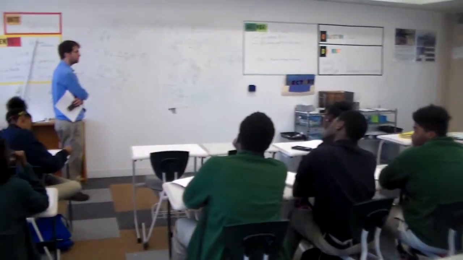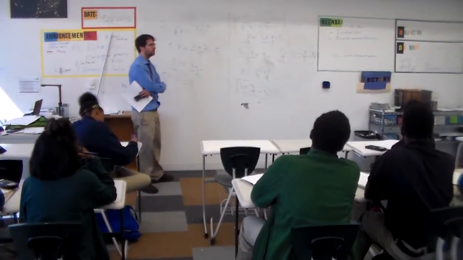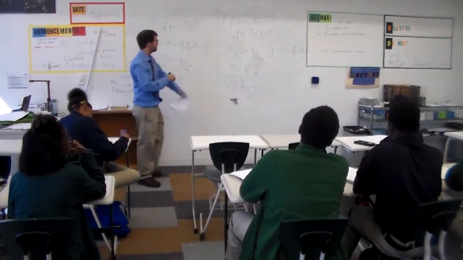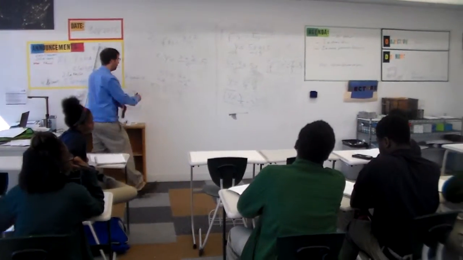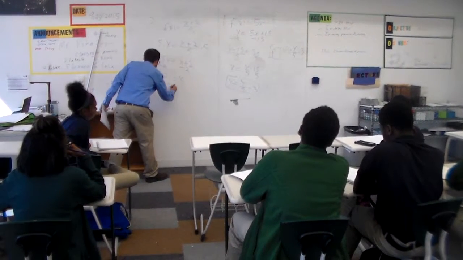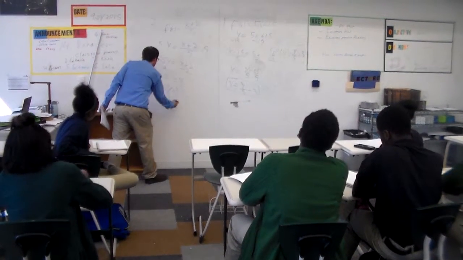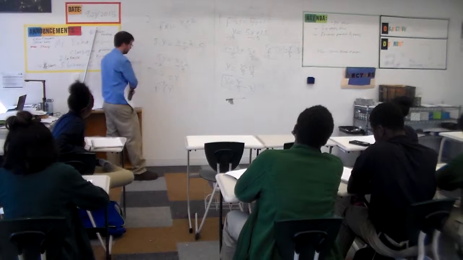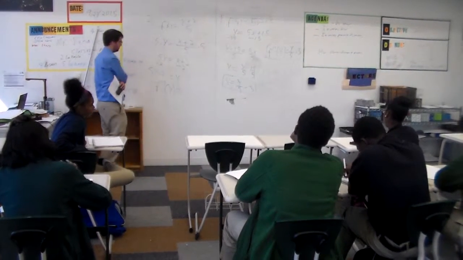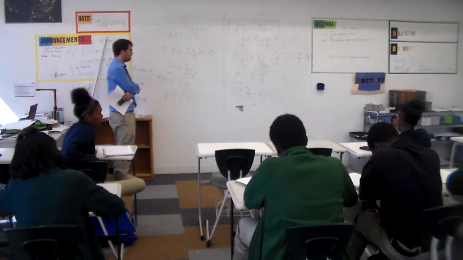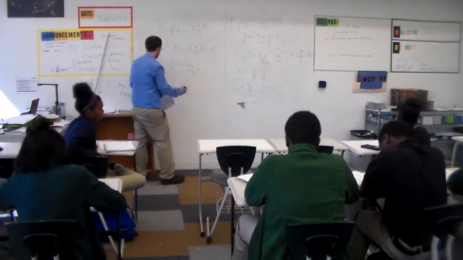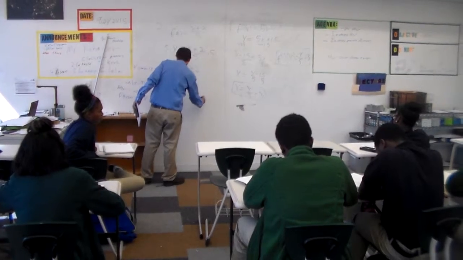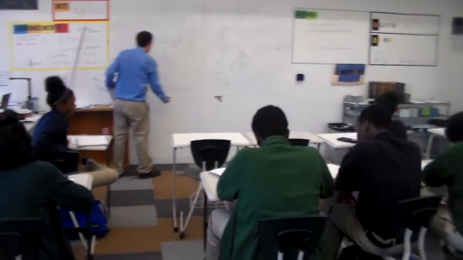So the way we read that is f negative 1 of y equals 5y minus 2.